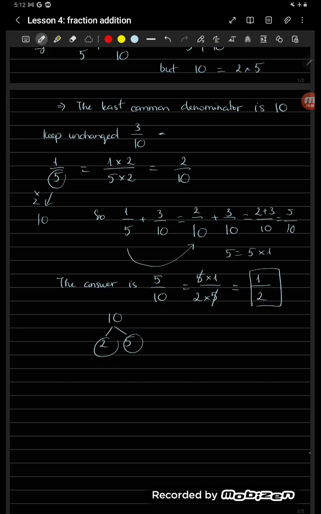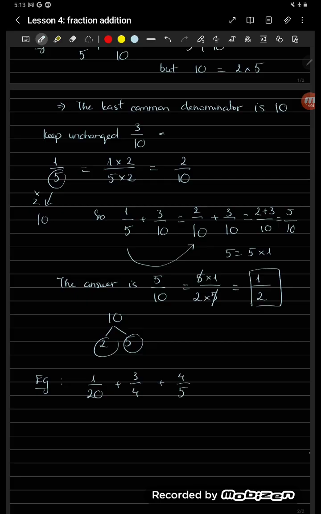Okay, so we go over one more example. Now we go with 3 fractions. So I have 1 over 20 plus 3 over 20, plus 3 over 4, and plus, let's say, 4 over 5.